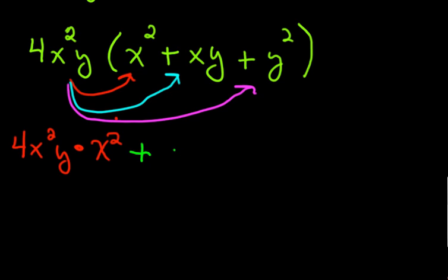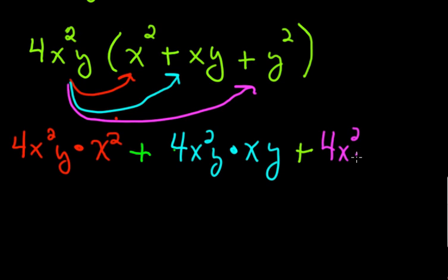And now I use turquoise, so 4x squared y times xy plus my last term here. So 4x squared y times y squared.